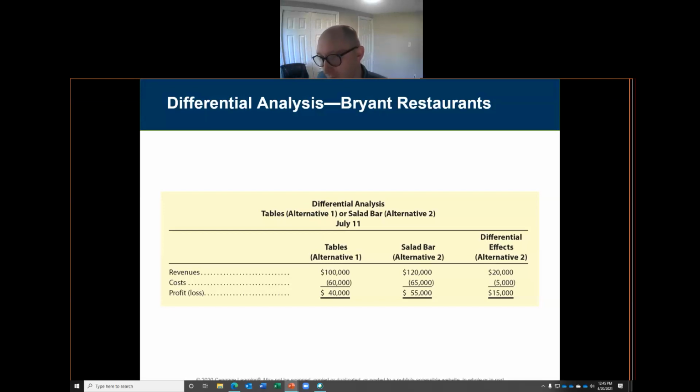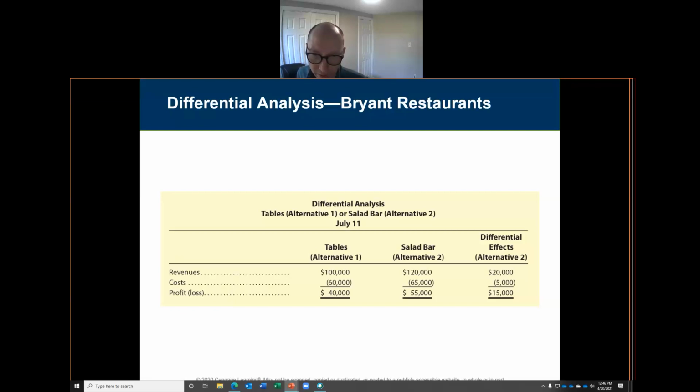Alternative two, we put in a salad bar. Our salad bar will yield an additional $20,000 in revenue, so $120,000 in revenue. Our salad bar will increase our costs by $5,000 a year. Revenue minus cost equals profit.